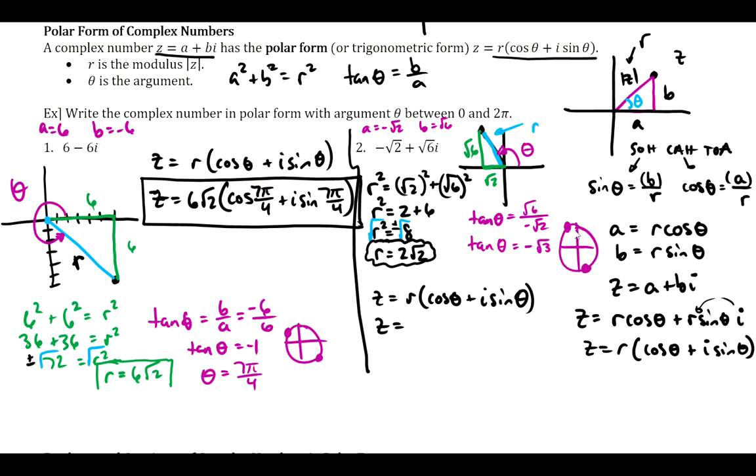Okay, and I want the one that's in quadrant 2, so it would be 2 pi thirds. So using our unit circle, we would get that angle. And then now I can plug all of that information in. So we've got r is 2 radical 2, parentheses, cosine of 2 pi thirds, plus i sine of 2 pi thirds. There we go.